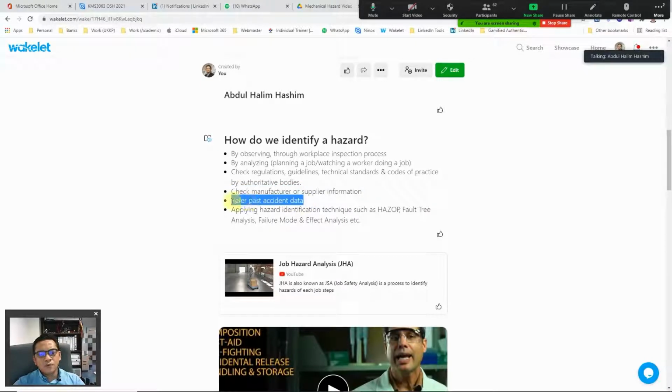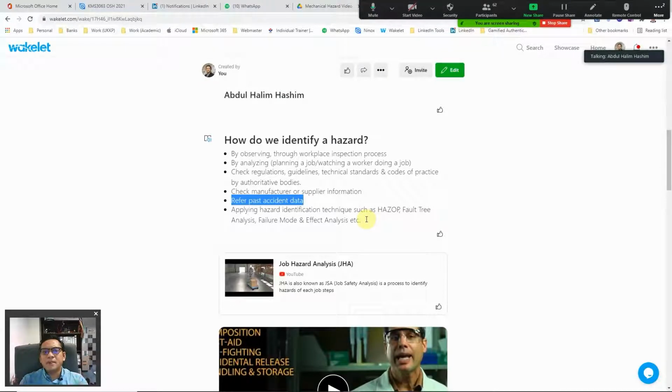You can also refer to past accident data. This is especially useful when the organization or company has good records of the accidents that have happened in the company or in the organization, and it is publicly available, for example. So you can just look at what things have happened in the past 5 years or 10 years.